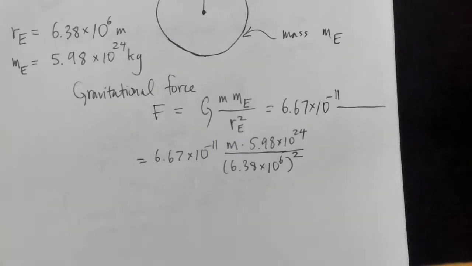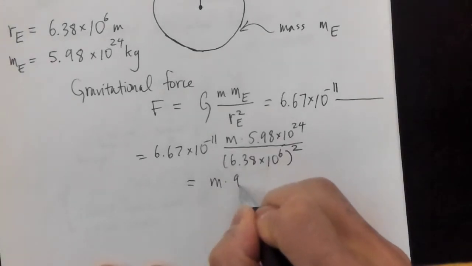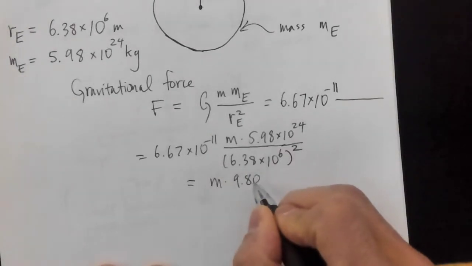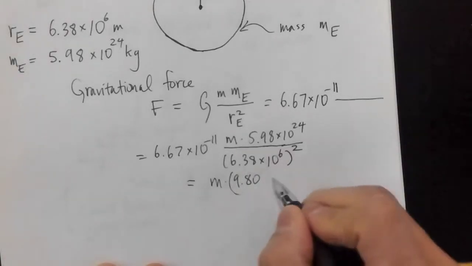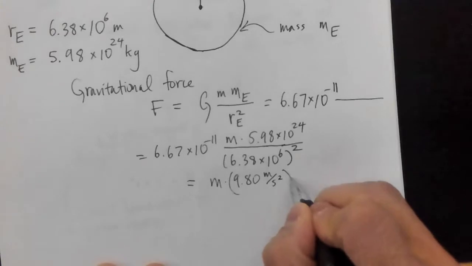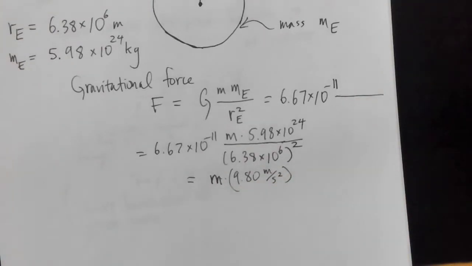I plug in the numbers. If you don't trust me, you can do it yourself and check the math. It really comes out to M times 9.80, and if you're putting in the units, meters per second squared. This is not m for meters, but m for mass. So small g is 9.8.